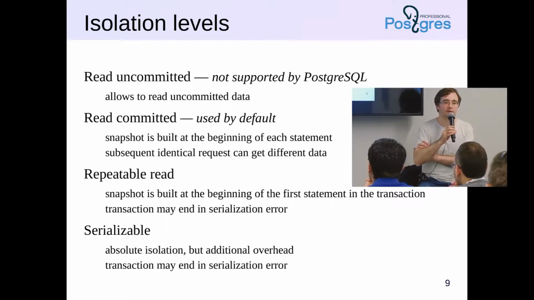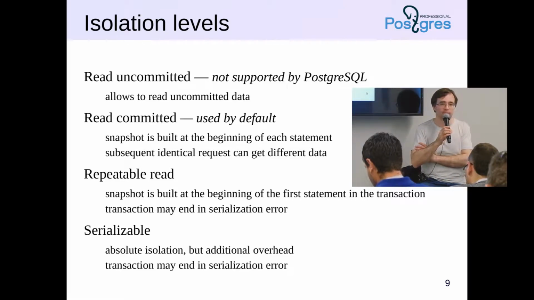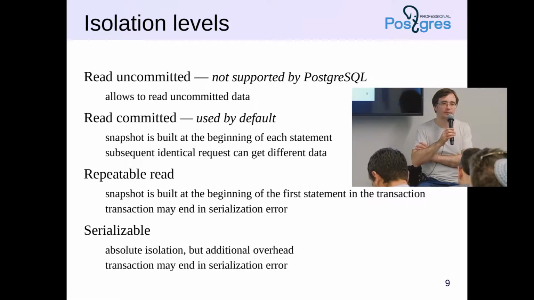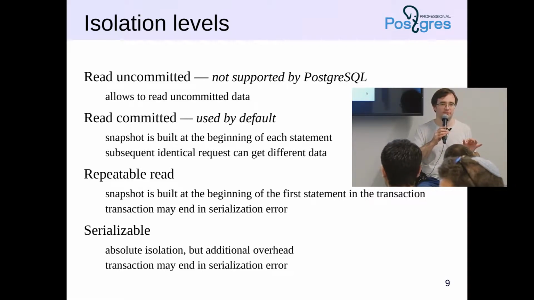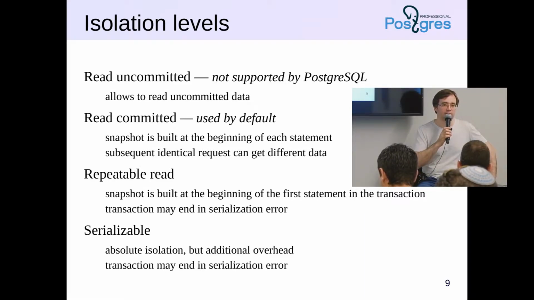Yeah. If I select the whole table, yeah, a big table, okay? So it actually creates a snapshot of the whole table. A snapshot is not a physical copy of data; it's just several numbers. So it's a quick process, no matter how much data you will need. 10 million rows?